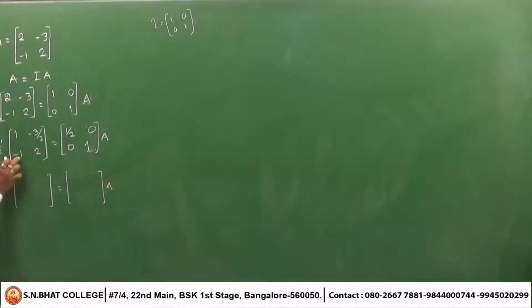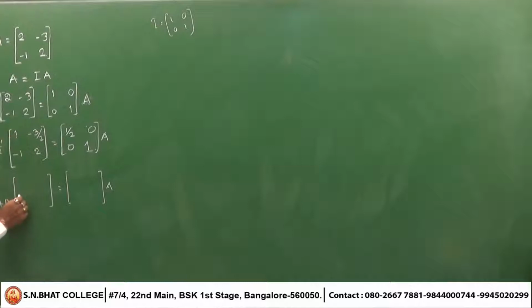Therefore R2 dash is R2 plus R1. If I add these two, this element becomes 0. To make this to be 0, add R1 and R2.